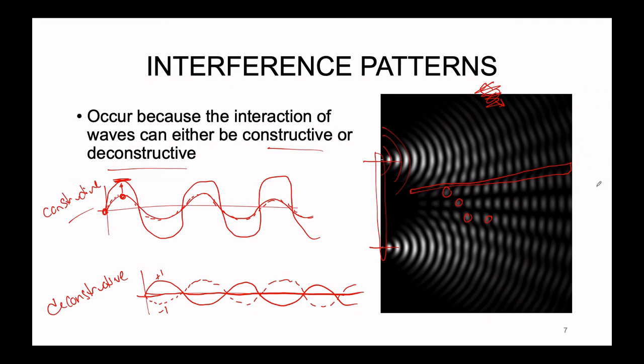Now, if there was an eye over here to sense the light on the right-hand side, they would see alternating bands of light and no light, light and no light, etc. So again, returning to the example of light moving through the small gap between your two fingertips, the reason you're seeing the bands of light is because the light is either constructively or destructively interfering with itself to give us these alternating patterns of where light is and light is not.